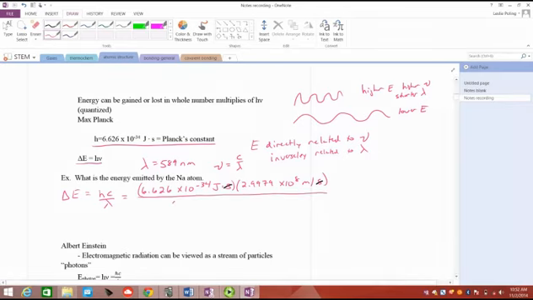We are dividing it by 589 times 10 to the minus 9 meters. So then meters cancel. So our answer is going to be in joules, and we're solving for energy, so that's an appropriate unit.